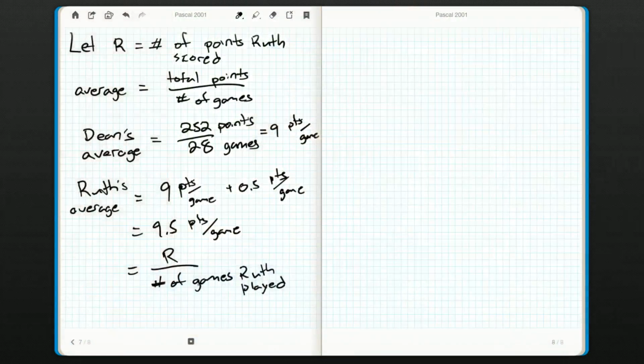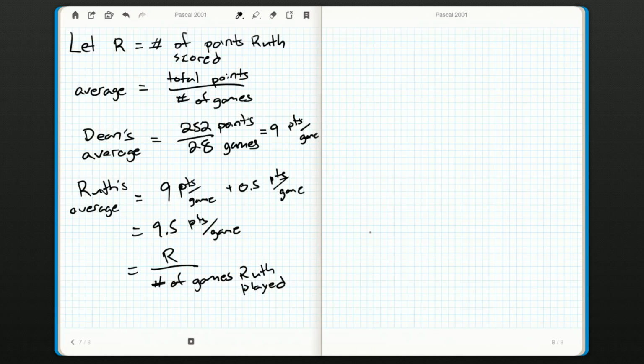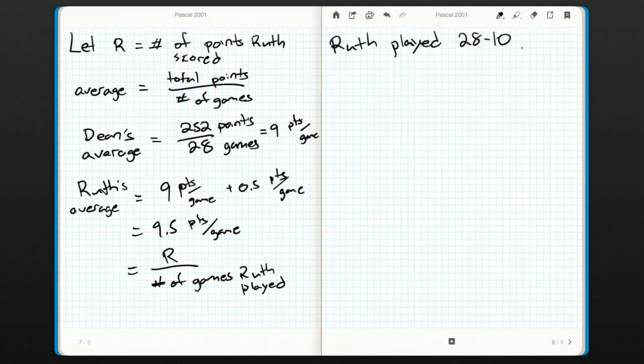We were told Ruth played 10 fewer games than Dean. Because we're told that Dean played 28 games, she must have played 28 minus 10, or 18 games.